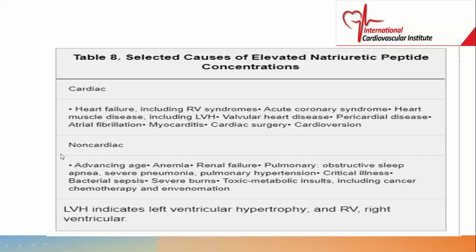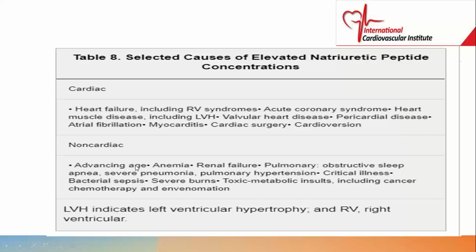And then there are some non-cardiac causes: advanced age. So the older one gets, the BNP will be a bit higher. If the patient is anemic, renal failure, pulmonary disease, obstructive sleep apnea, severe pneumonia, pulmonary hypertension, and any type of critical illness.